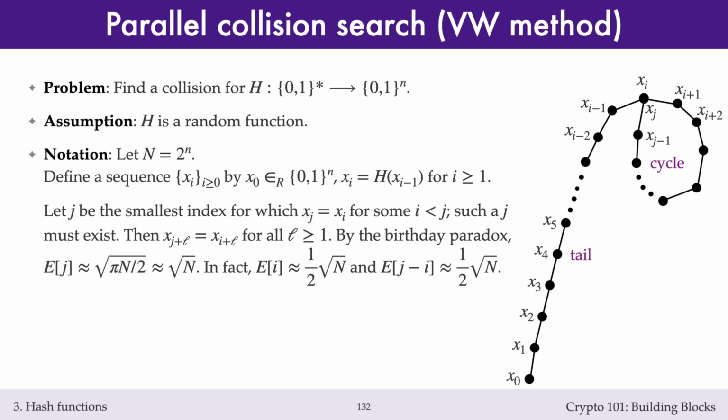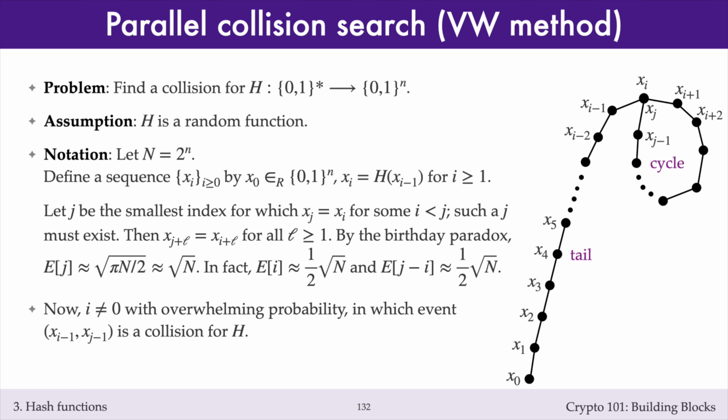To see why this might be true, consider when the sequence is about to collide with itself, namely when x_j equals x_i for some i less than j. Then, the index i can be any one of the values between 0 and j minus 1. So on average, you would expect i to be roughly half of j. And so the expected value of i is roughly half the expected value of j.